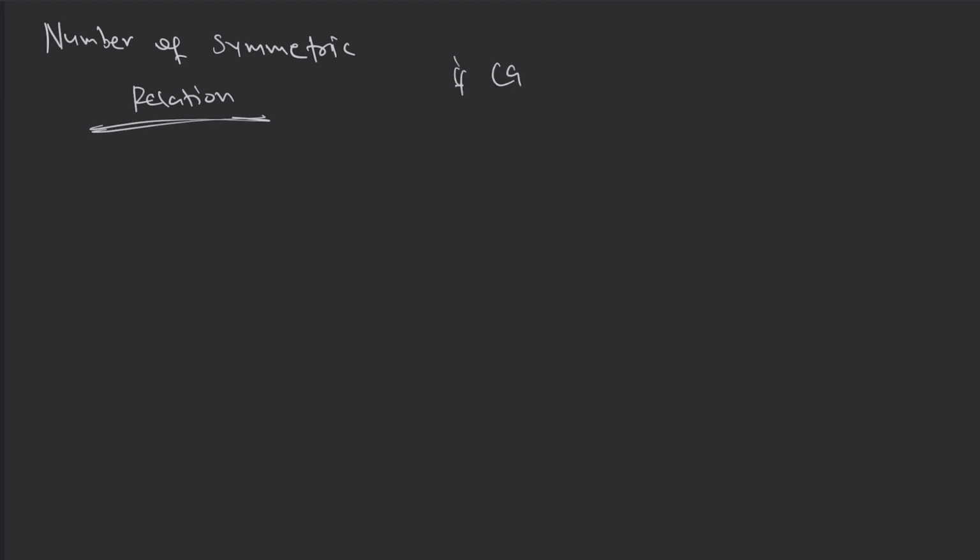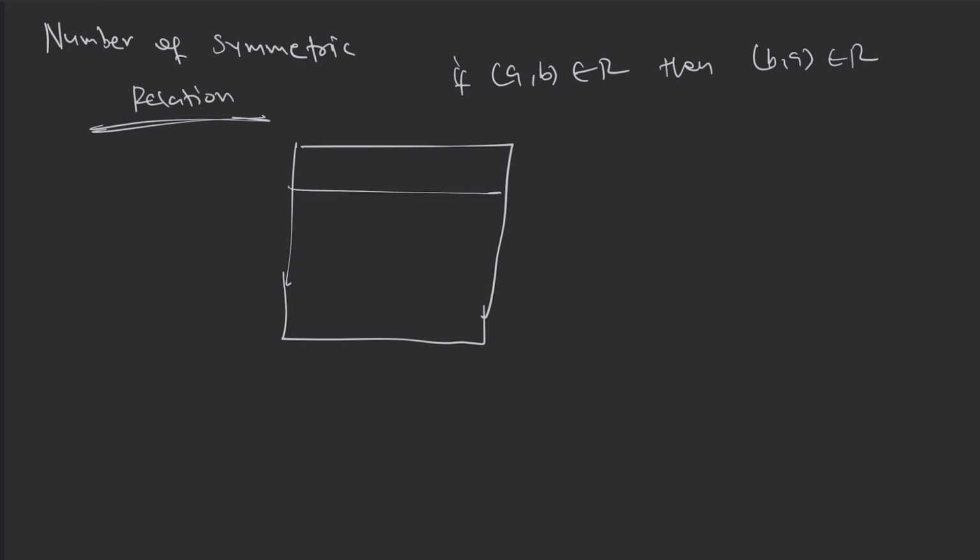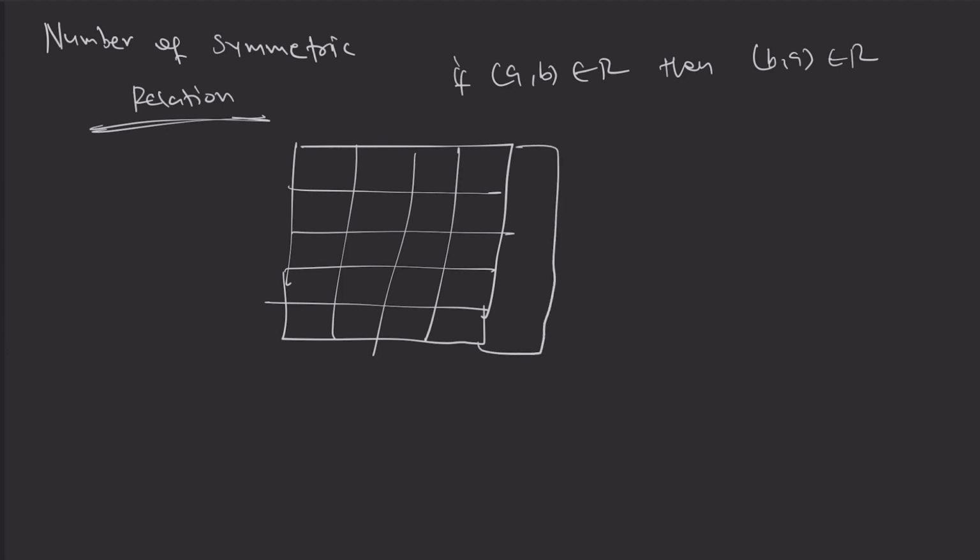If a comma b belongs to R, then b comma a should belong to R. Now let's make a square with 5 columns and 5 rows, and let a, b, c, d, e be the elements of the set. And now we will put a comma a there and a comma b, and similarly all the elements, and e comma e is there, and the middle elements should be b comma b, c comma c, d comma d.